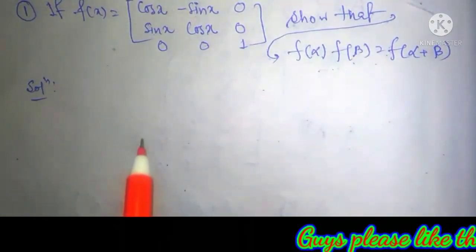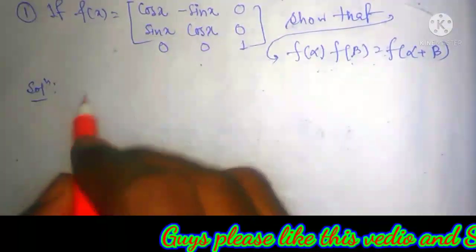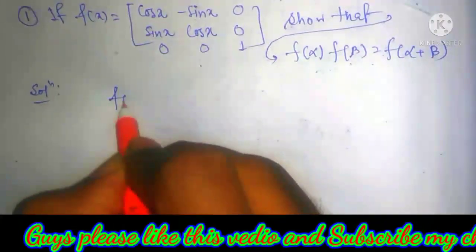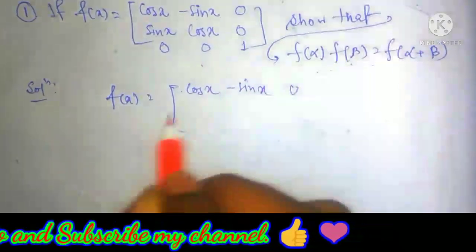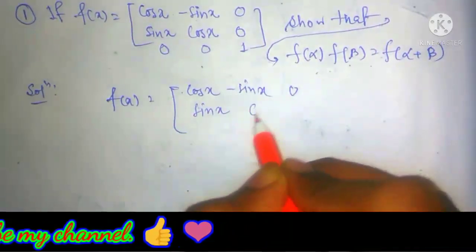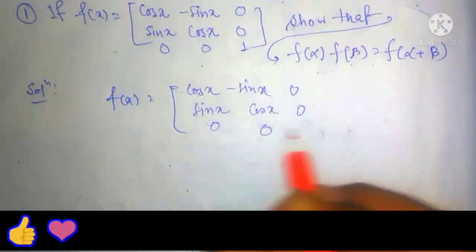So, solution: given that f(x) equals cos x, minus sin x, 0; sin x, cos x, 0; 0, 0, 1.